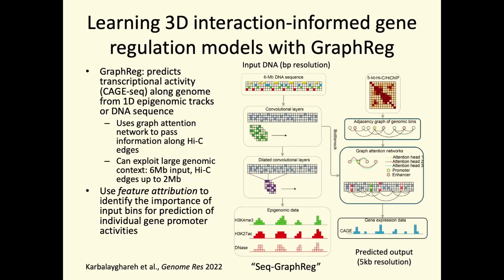And then these motif-like representations we're feeding to the graph attention network, passing information between enhancers and promoters, and then predicting this gene expression, this transcription start site activity called CAGE.